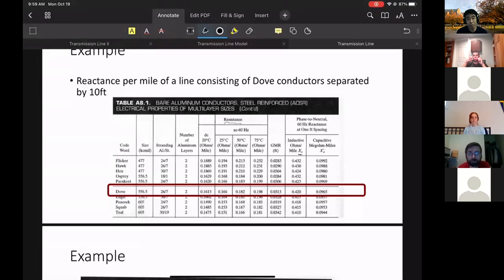So when you do this kind of modeling, it's not always as simple as somebody handing you a good record that says this line is a Dove, a mile long. You may not have that. All you have are some sensor measurements, and you need to figure out what the system looks like. That's a fairly active research area. So if you're interested, you can look up some literature here.